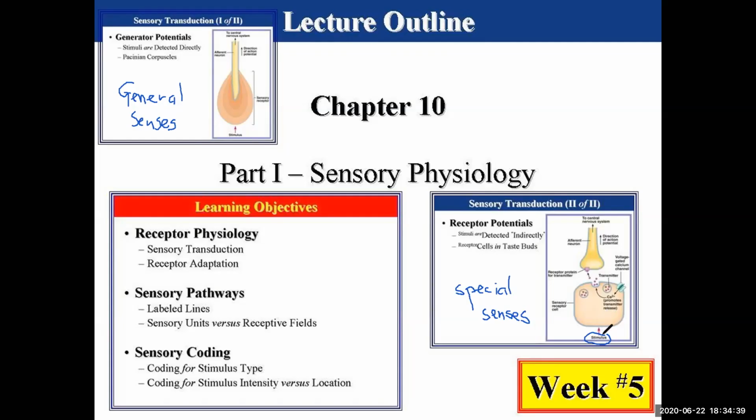So the stimulus binds to the receptor, and you know the story. It leads to depolarization of the plasma membrane, the phospholipid bilayer, of this sensory receptor. That depolarization activates a voltage sensitive calcium channel, which opens, leading to a massive influx of calcium, divalent cations.